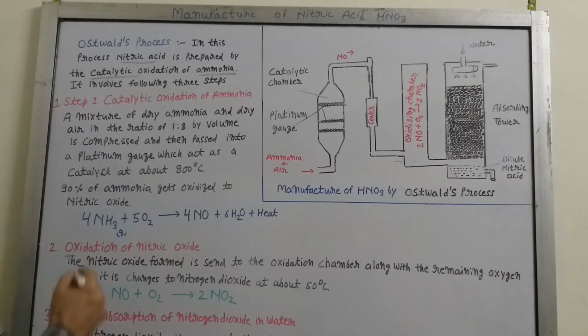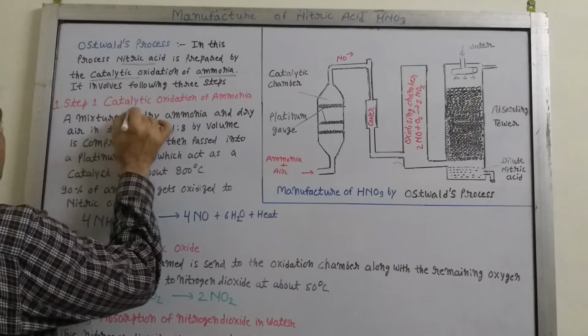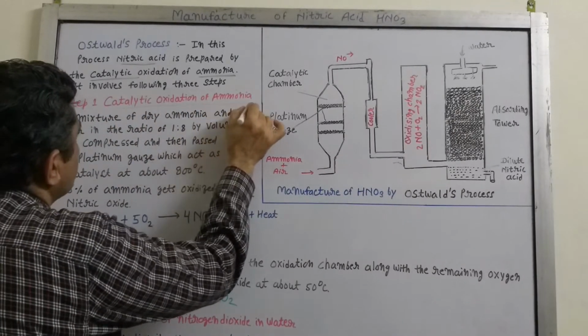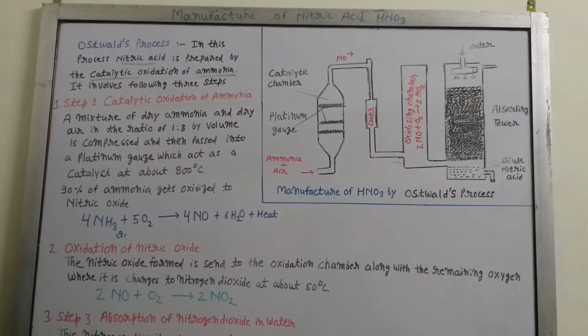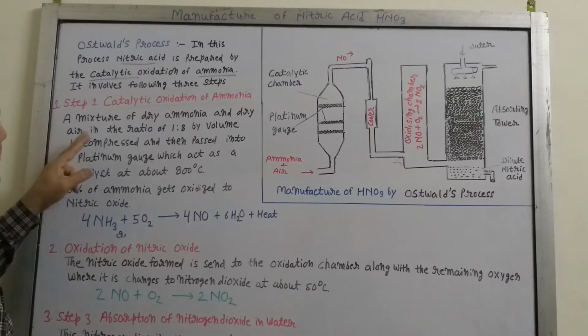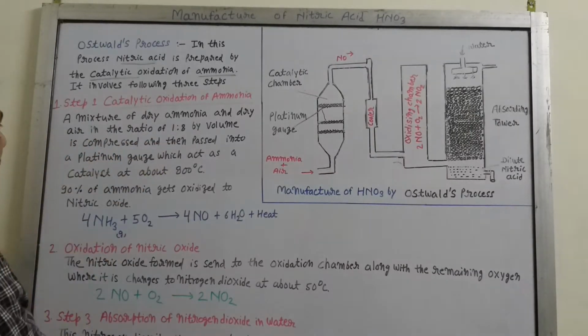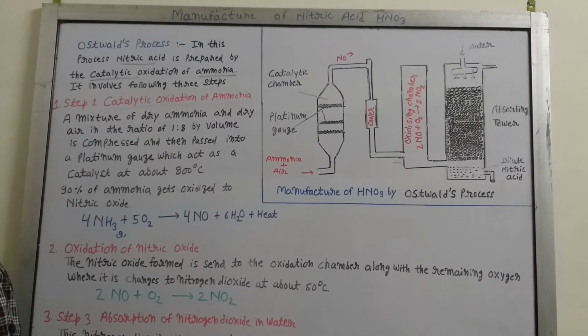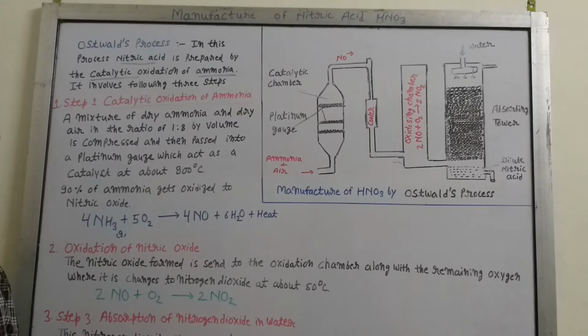Very first step, catalytic oxidation of ammonia. A mixture of dry ammonia and dry air in the ratio of 1:8 by volume is compressed and then sent into a platinum gauge, which acts as a catalyst, at about 800 degrees centigrade.